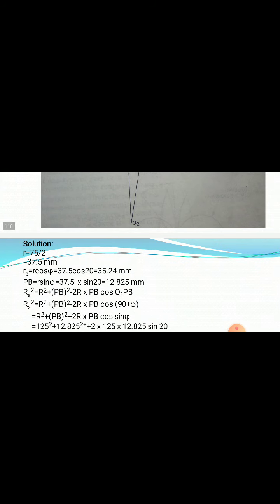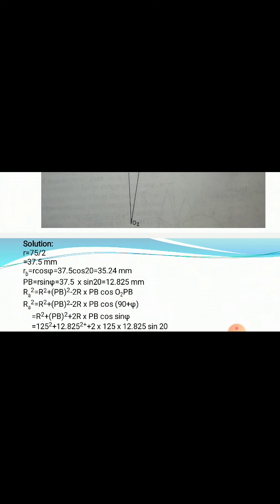Considering this triangle, this RB is equal to this R, which is nothing but this length, R into cos phi. So RB is equal to R cos phi.